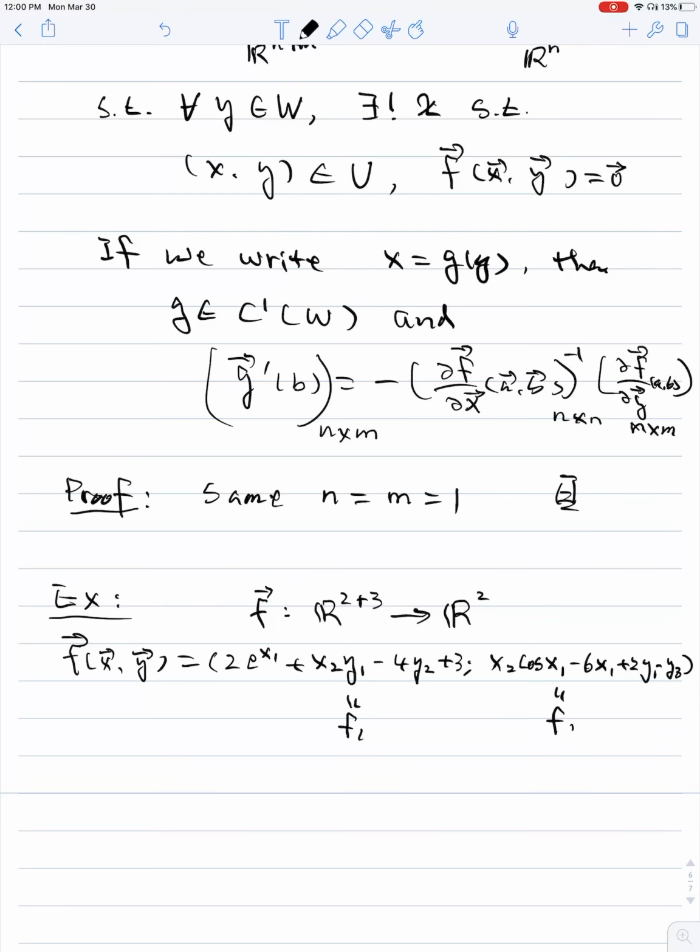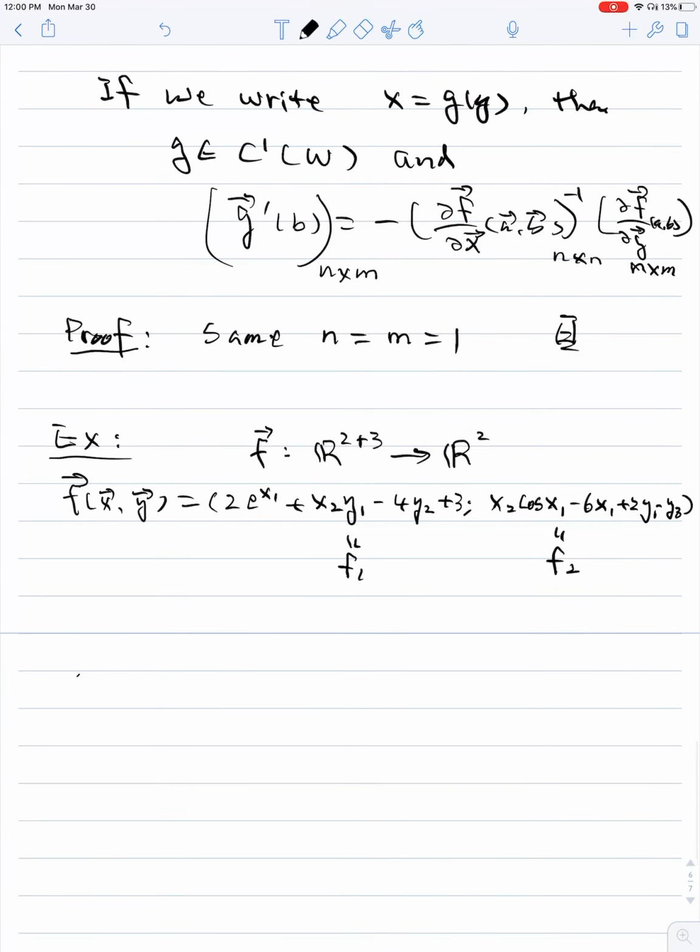This is our F2. Now, if you look at the total derivative, first of all, you know that if we let A equal (0, 1) and B equal (3, 2, 7), and you compute F at A, B, let's just compute one of them. x1 is 0, so this is 2, and x2 is 1, so this is plus 3, and this minus 4 times y2, which is 8, and then plus 3, so this term is 0.